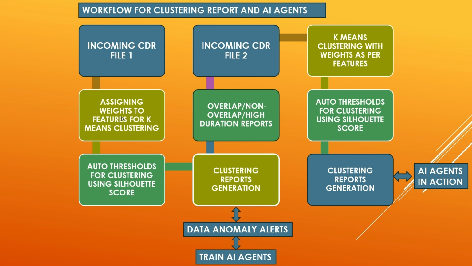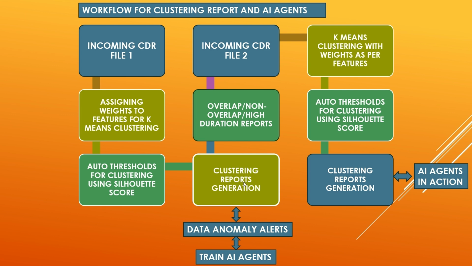Then weights will be assigned for k-means clustering. Higher weights will be given to the higher scenario for the cluster that we have chosen. Then an auto threshold for clustering using silhouette score: the silhouette score will decide how many clusters should be formed.